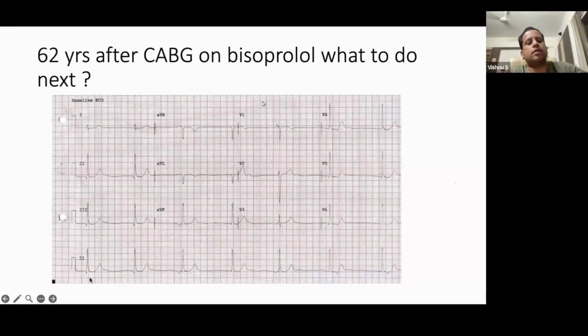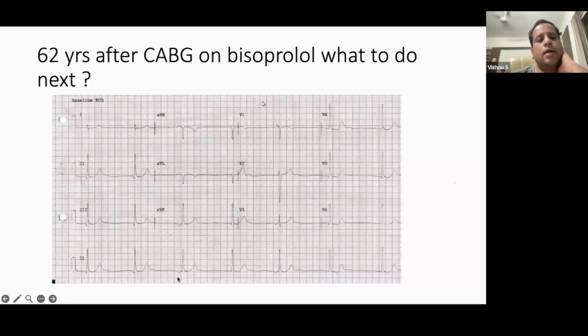The narrow QRS complexes are coming either from the atria, conducted through the His bundle to the Purkinje system, or they can come from the junctional area, junctional rhythm. Junctional rhythm also will be a narrow, stable rhythm. So there is no preceding P wave, which means this is a junctional escape beat.